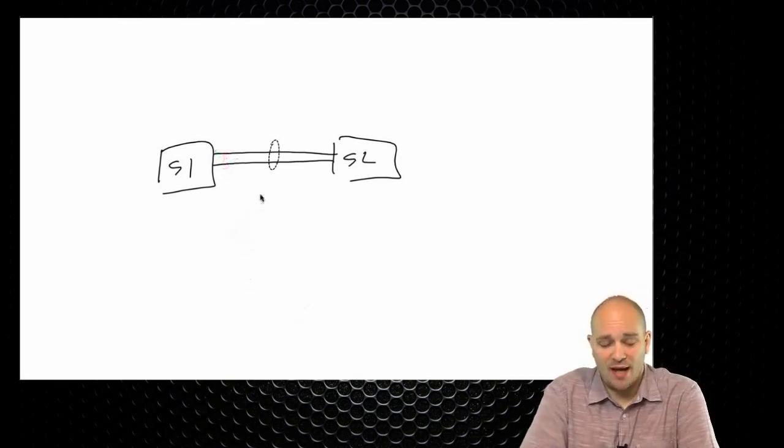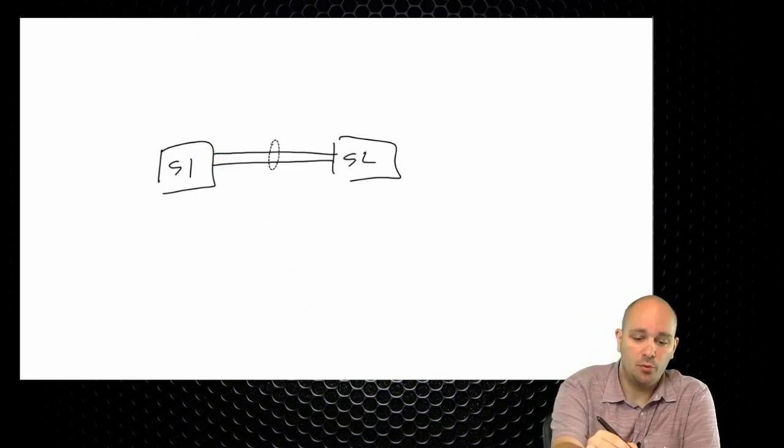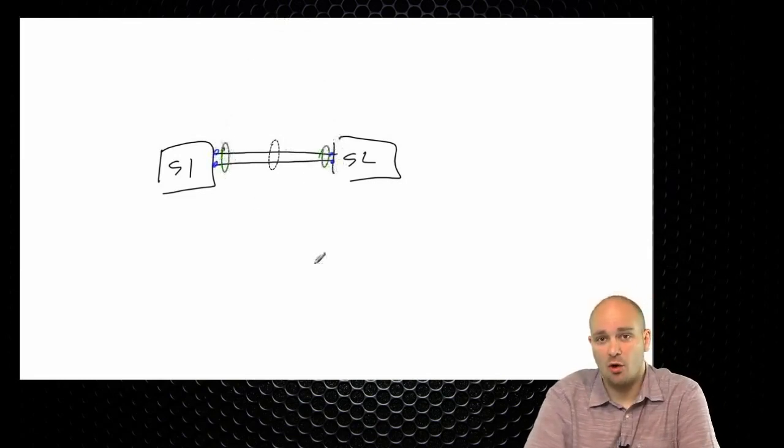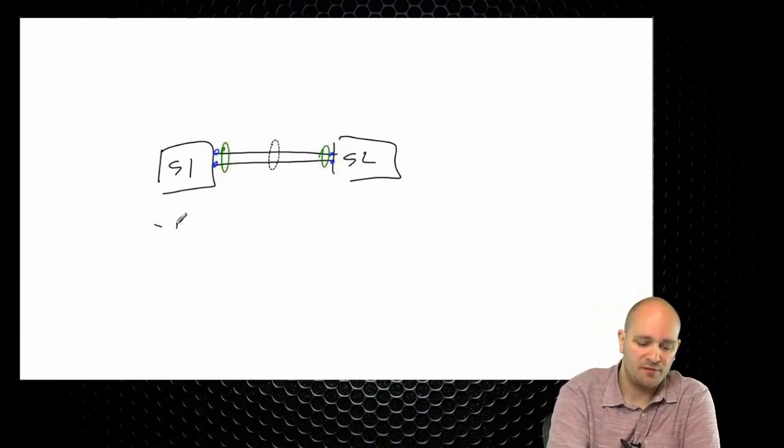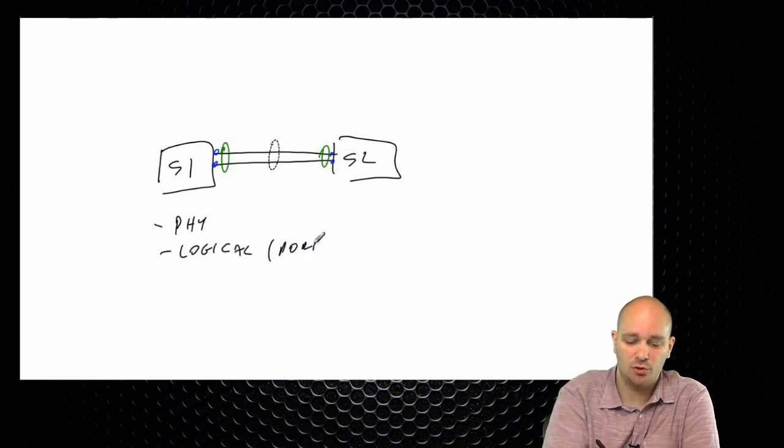Now, when we do that, we need to configure both the local interfaces that are participating in an ether channel, and we have to configure the actual bundle configurations on these two switches. So the configuration consists of physical interface configuration and the logical interface configuration, which in IOS is called port channel.